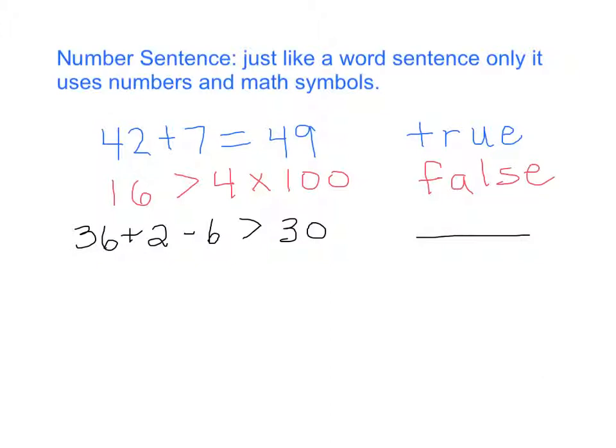Finally, take a look at the black number sentence. We know it's a number sentence because it has operation symbols, it has a relation symbol, and it has numbers. Take a moment, pause the video, figure this one out, and you determine if this is a true number sentence or a false number sentence.